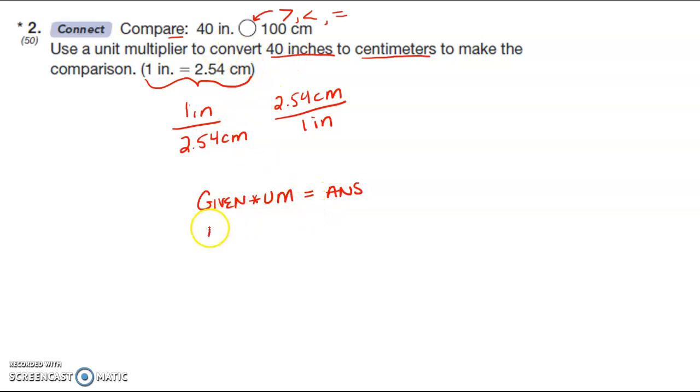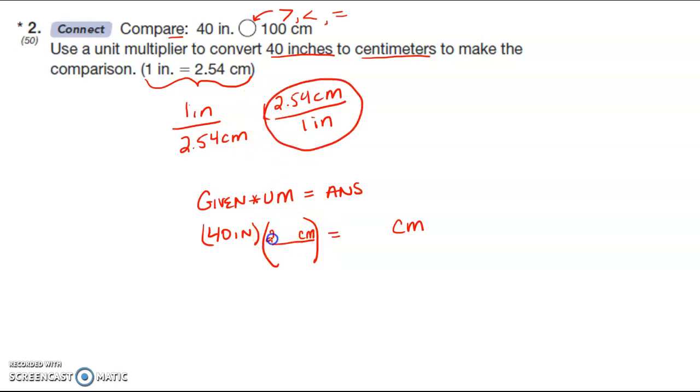We are given 40 inches. We're going to figure out what our unit multiplier is here in just a second. We know it's a fraction of some kind. And we know we want our answer to be in centimeters, which means I want this to be centimeters. So I'll be using this one. Plug that in. This is going to cancel.